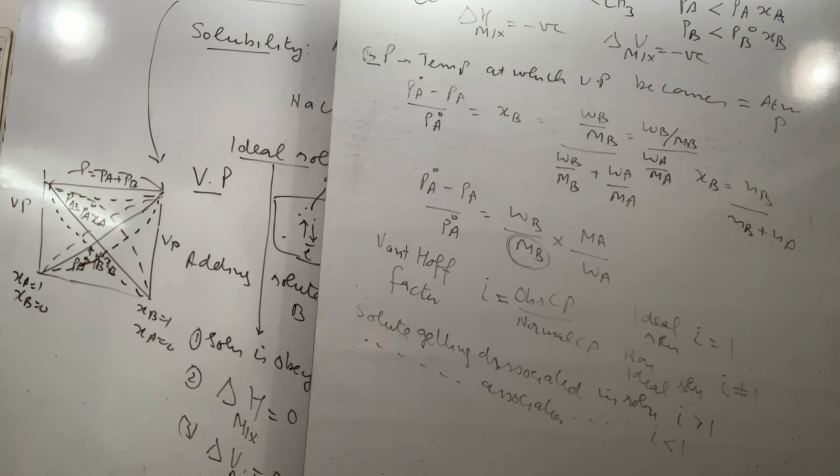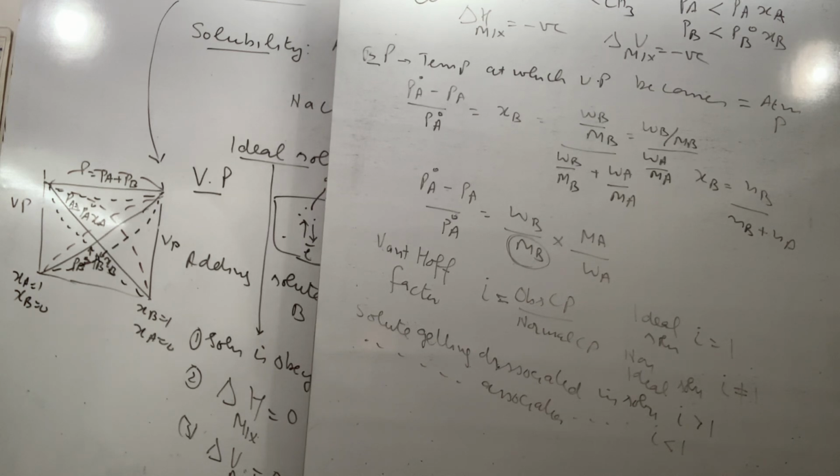For example, dissociation means that when you are adding solute to solvent, dissociation will lead to a larger number of particles. A larger number of particles means colligative property will be higher than whatever we are expecting. So observed will be greater than normal one.